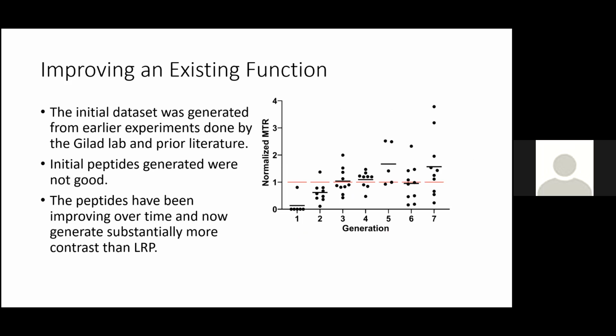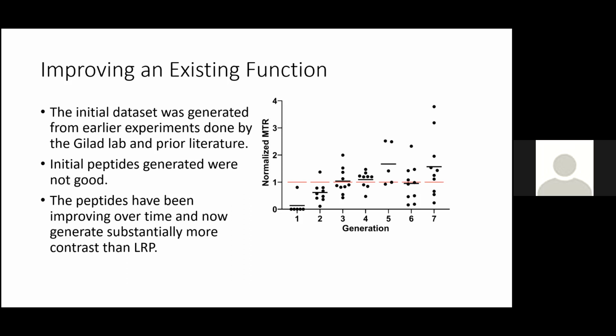The initial data set that we generated was from earlier experiments done by the lab and from prior literature. The first generation, I will admit, was not very good. We had one peptide out of all of them that was actually soluble, and it did not function very well.